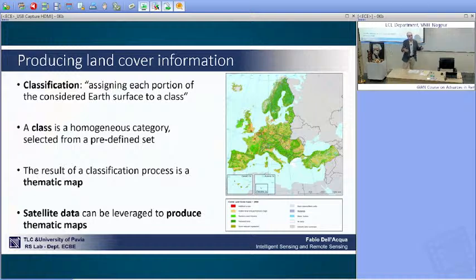We are merging it with our area of interest, which is remote sensing. So we're using remote sensing as a means to produce thematic maps, but we should be aware that it's not the only possible approach. Another typical approach is, for example, in situ inspection. If you go to the place, you will see what is there, and you can mark the thematic map with the class that you have found there.